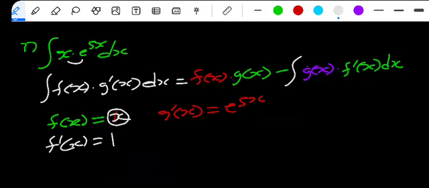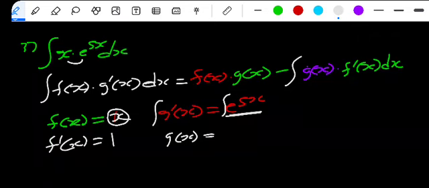If we take that, then I integrate both sides, I will have g of x. I'll multiply the whole function by the inverse derivative of 5x.